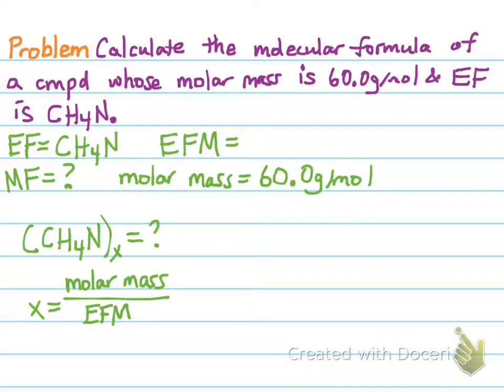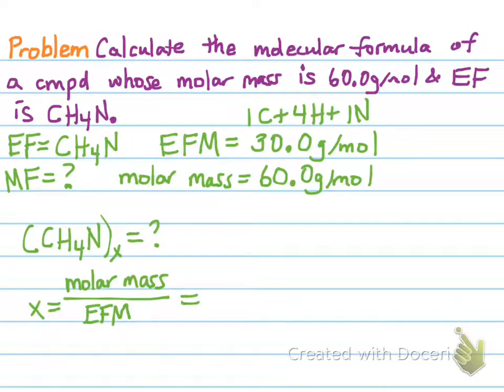I'm going to add together 1 carbon plus 4 hydrogens plus 1 nitrogen, using my atomic masses from my periodic table. So carbon is 12.011. There's 4 hydrogens at 1.0079. And there's 1 nitrogen at 14.007. So that gives me 30.0 grams per mole as my empirical formula mass.